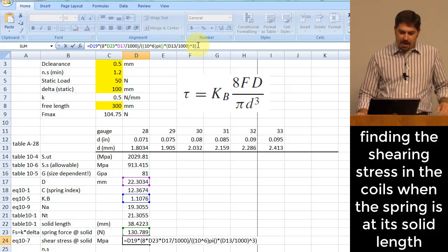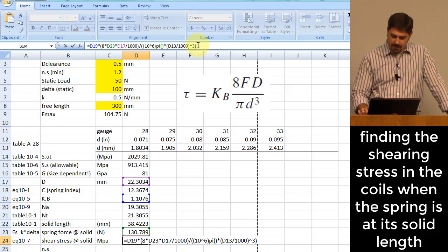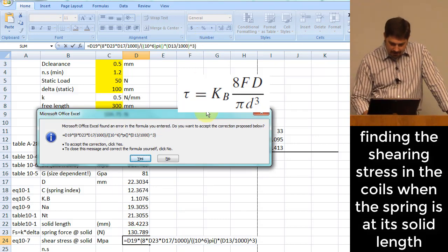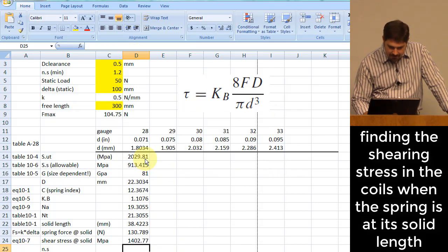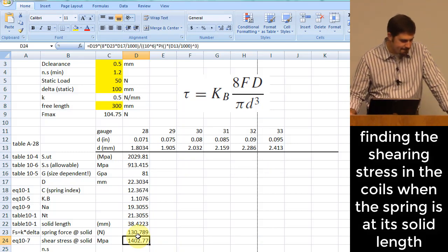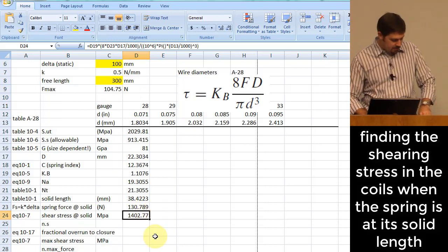So if I put it in the denominator, then I would want to do 10 to the 6th. That should give it to me, unless I have an error somewhere. Did it do it correctly there? All right, so that's my shearing stress when it goes solid.